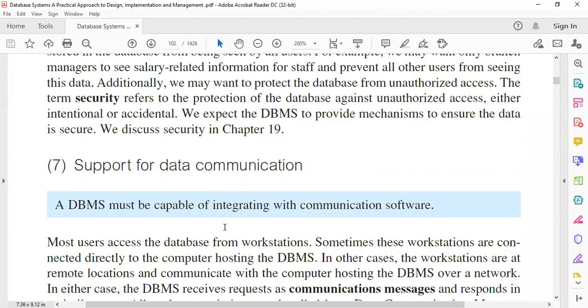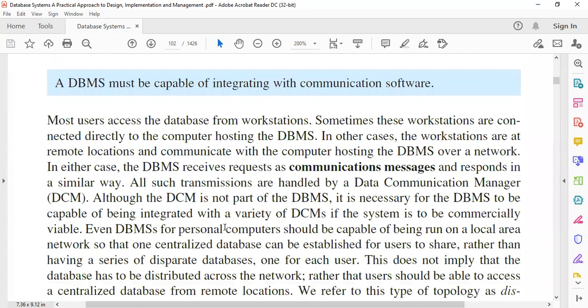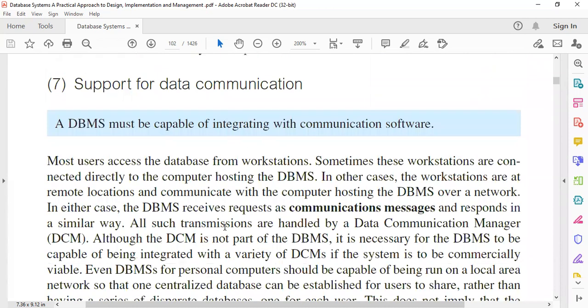The DBMS also provides communication services or data communication capability. Remember, a database is being shared and it is being accessed from multiple workstations or from multiple computers. And there's need to do some data communication.